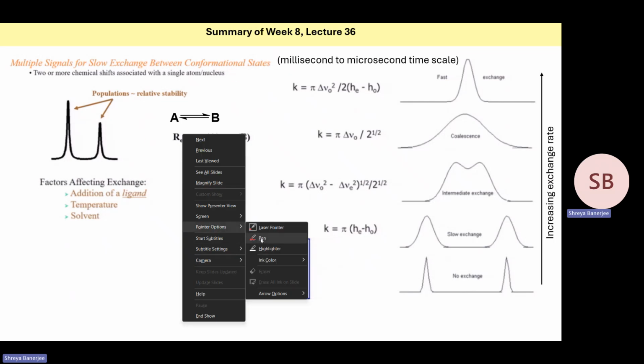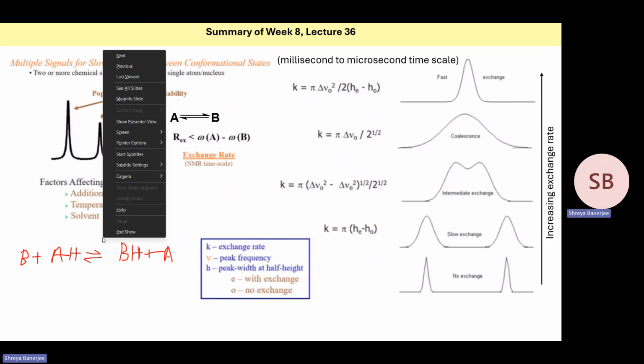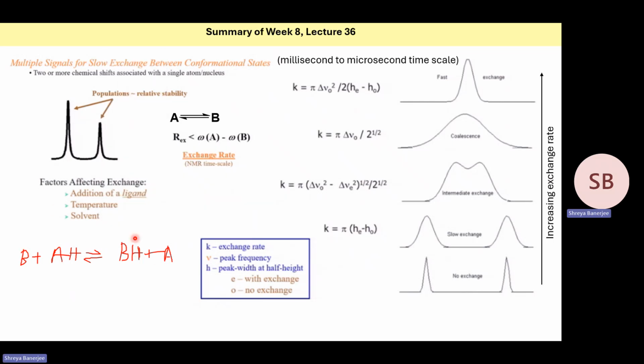So suppose you have A and B. You have one state where the proton is attached to A, and you have another state where it is B plus H, BH plus A. So the proton is exchanging from A to B. This is called exchange between different conformational states.